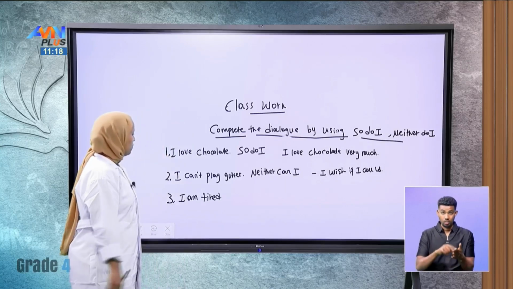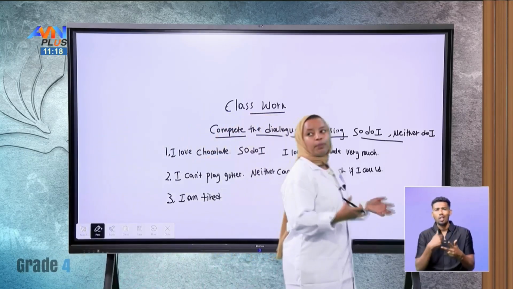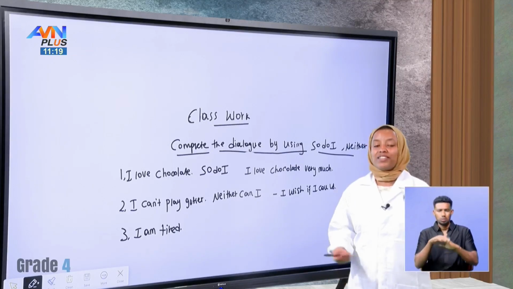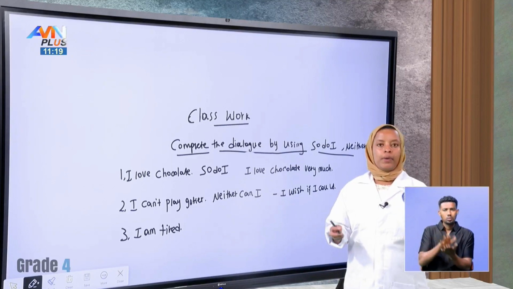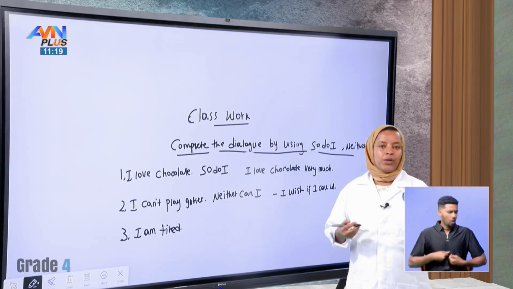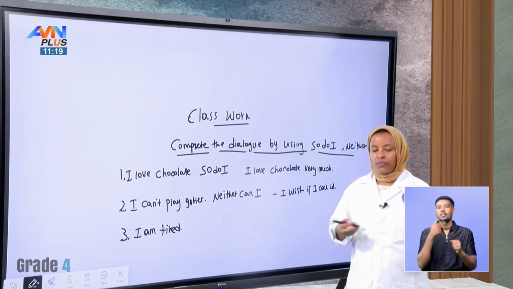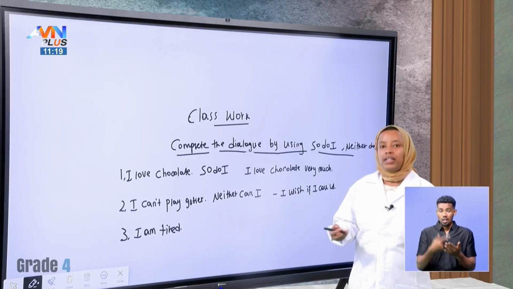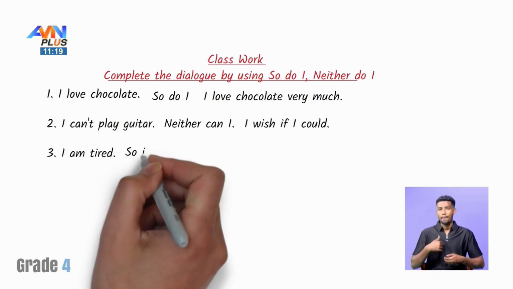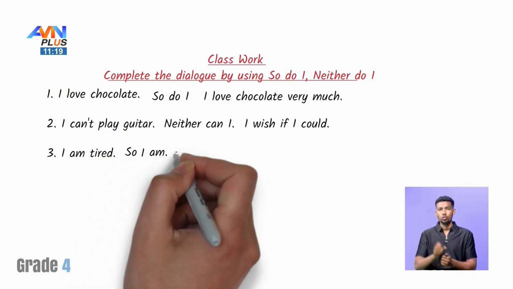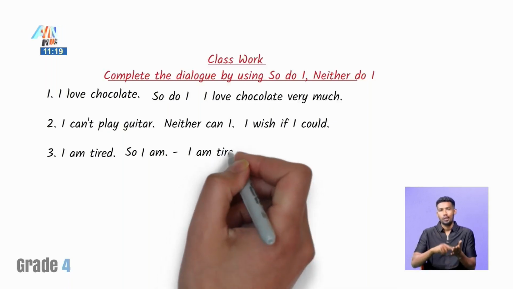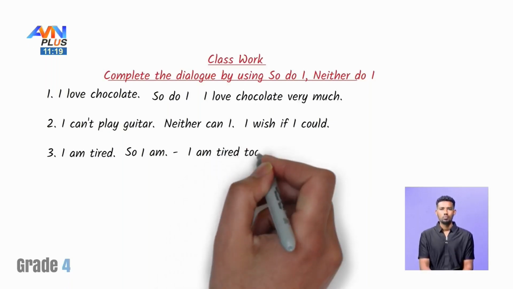The next one is I am tired. You were in the school playing with your friend, studying and learning English, mathematics in the school, and you are tired. And your friend said, I am tired. We can say after this conversation or dialogue easily, so am I. It means I am tired too.